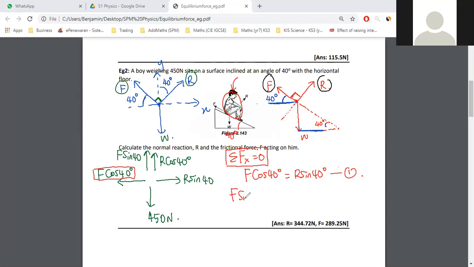Vertical: F sin 40 plus R cos 40 equals 450. Equation number 2. Solve the equations simultaneously to find F and R. You should be able to get the answers 344.72 and 289.